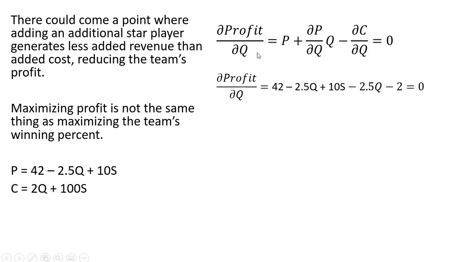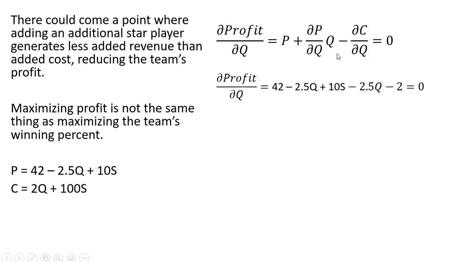So following our first order condition, we're going to substitute in for P, which is 42 minus 2.5Q plus 10S. And then we're going to take the partial derivative of the price equation with respect to quantity and multiply that by Q. So first, the partial derivative of the price equation with respect to Q is just minus 2.5.